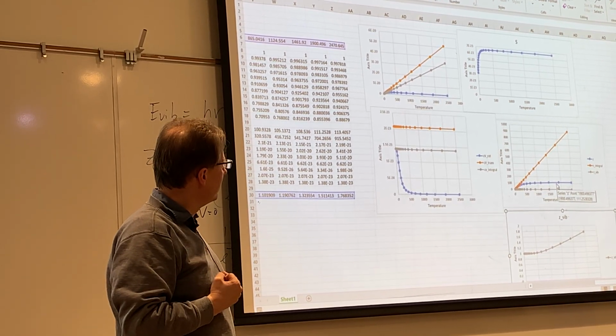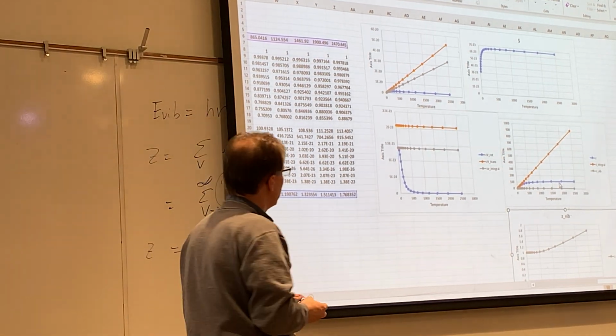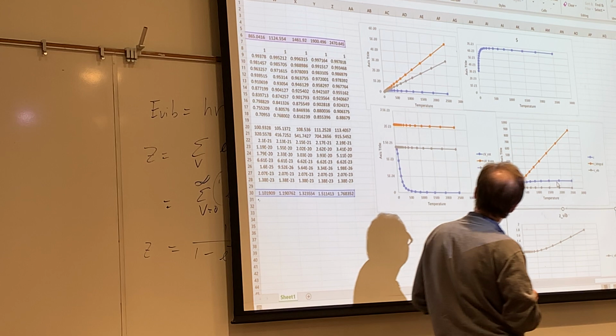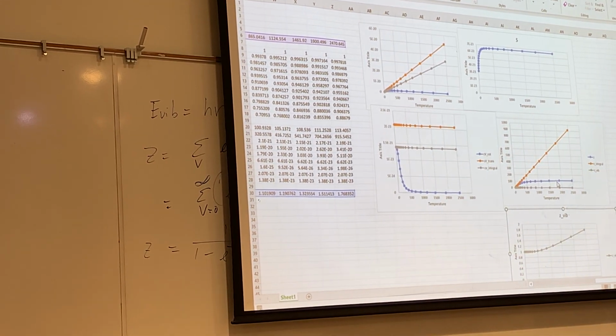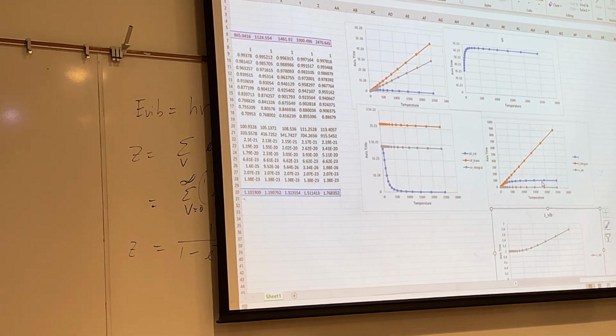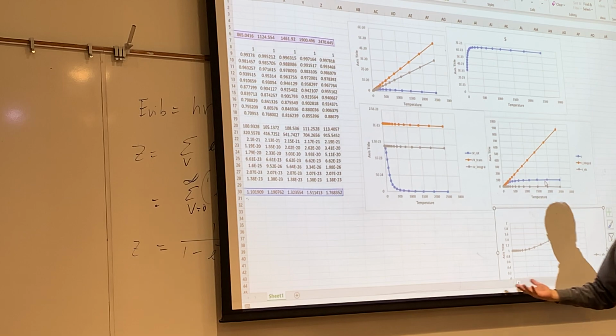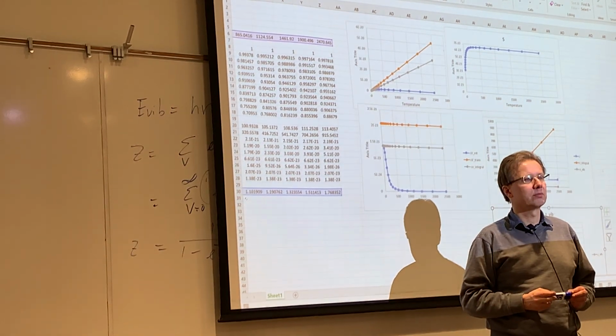Then we want ultimately to have a graph of the heat capacities, so that you can see the heat capacity associated with translation, the heat capacity associated with rotation, and the heat capacity associated with vibration, all in one graph.